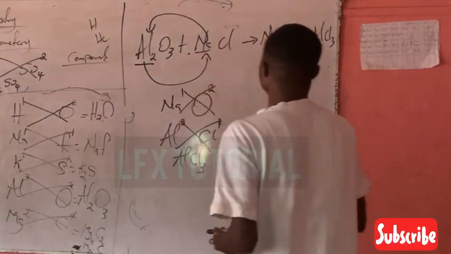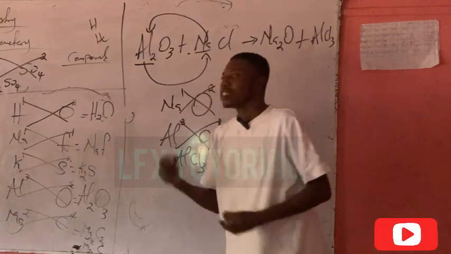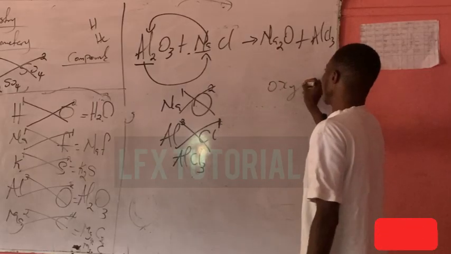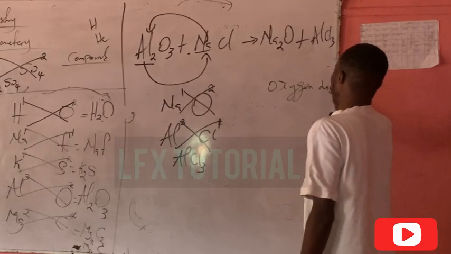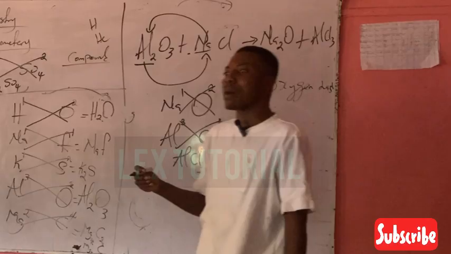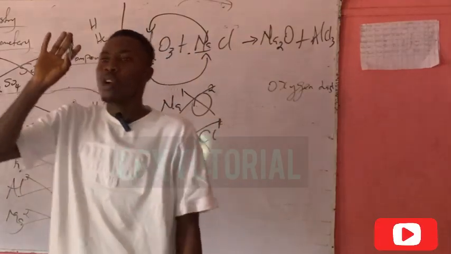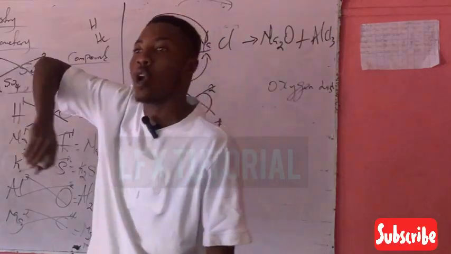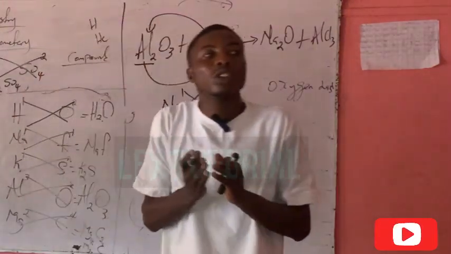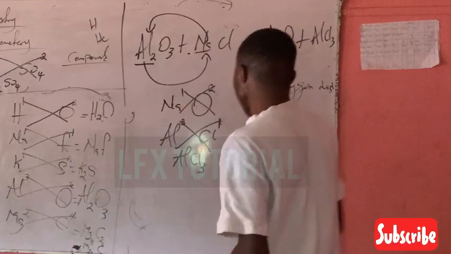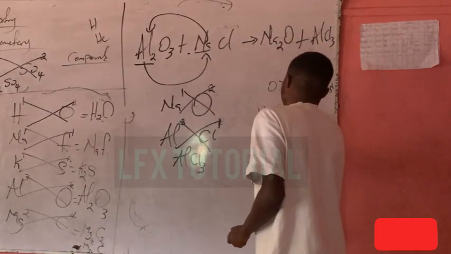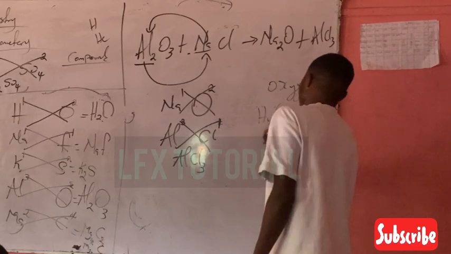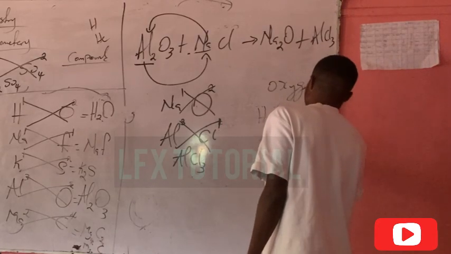Now, if you want to balance this, first, there are some principles you have to have in mind. You always balance oxygen last. Then another thing again, you can balance anything, but if you have hydrogen, you always balance hydrogen second to last, before you balance oxygen.